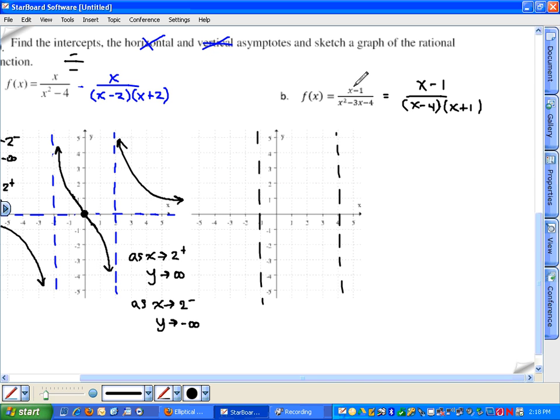Since the degree of the numerator is smaller than the degree of the denominator, we have another horizontal asymptote at 0. Now to find the x-intercepts, we set the numerator equal to 0, and we're going to get 1 as an x-intercept. If we find the y-intercept by letting x equal 0, we're going to have negative 1 divided by negative 4 times 1, which is positive 4.